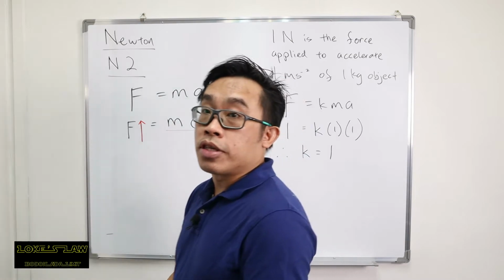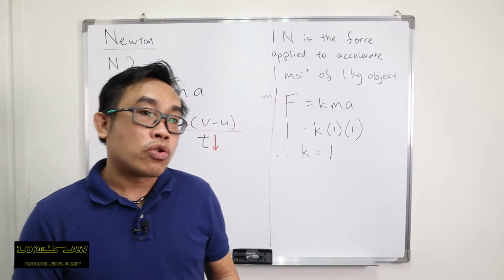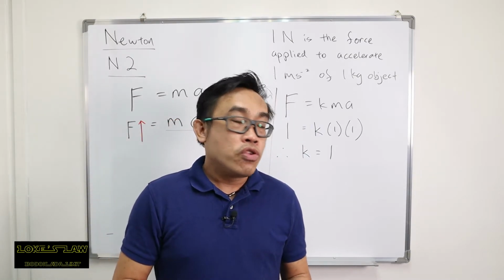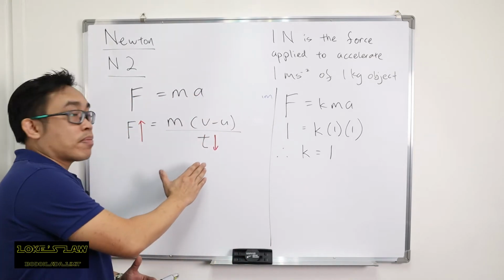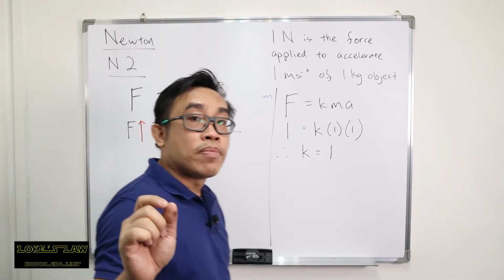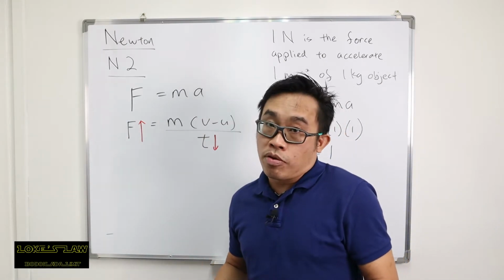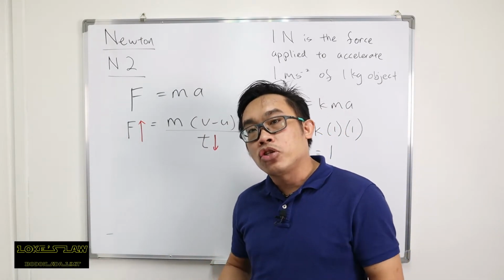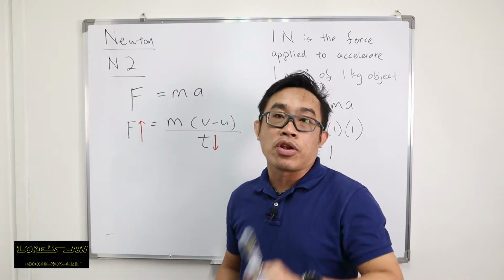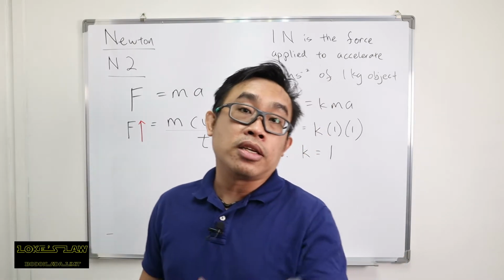What do you mean by reducing t? That means that in order to create a maximum force, you have to use the shortest time you can. So that's the reason why I always tell my students, imagine that when someone is going to punch you, for example, of course, I'm not supporting violence, it's just an example.